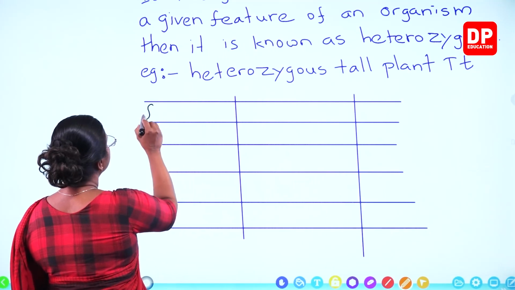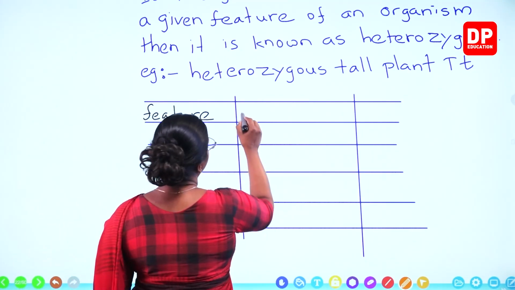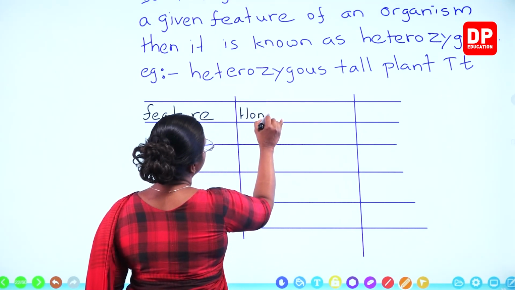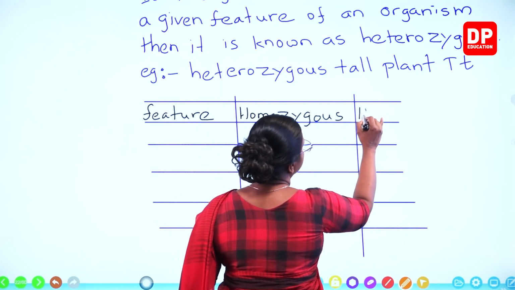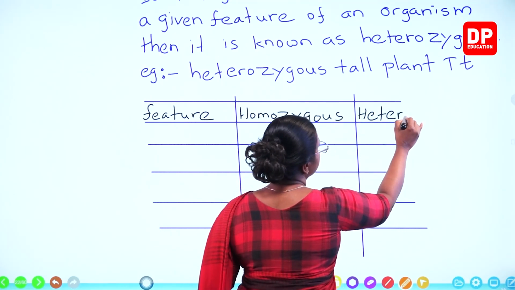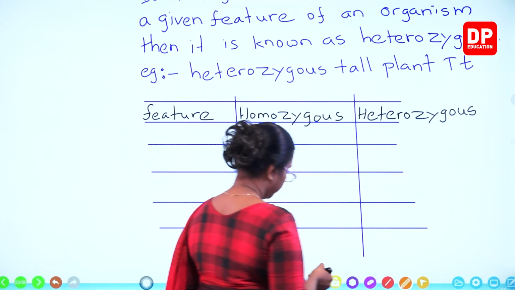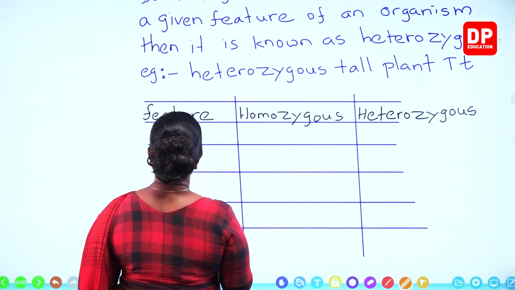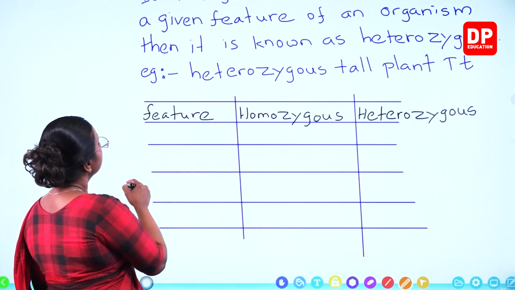So here, feature, we can have homozygous, then heterozygous. So out of these, we have already written for tall and short.